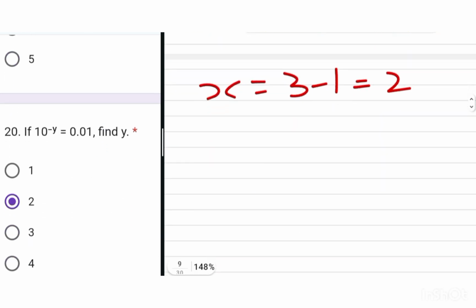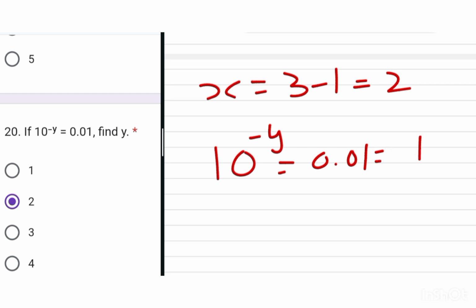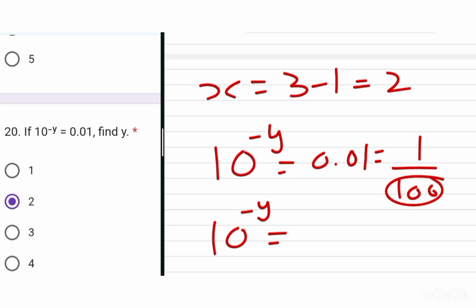And the last question, 10 raised to power minus y is equal to 0.01. 0.01 in fraction is 1 all over 100, which can also be written as 1 all over 10 raised to power 2.